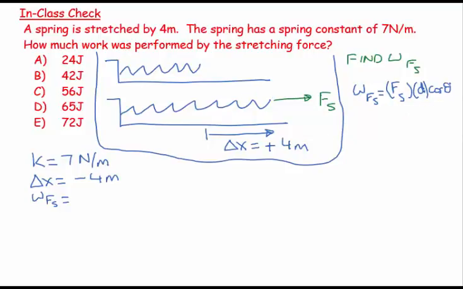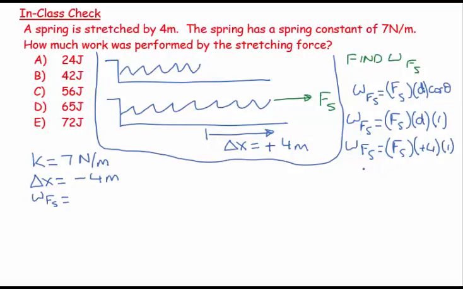So therefore I know that this goes to 1, so I can say the work done by my stretching force is equal to Fs times d times 1, which is the stretching force times plus 4 times 1. So, okay, all I got to do is find my stretching force.